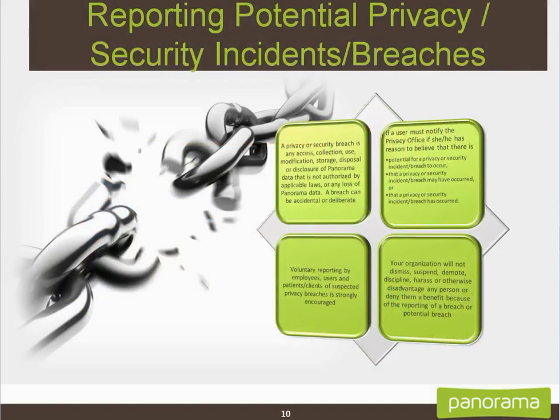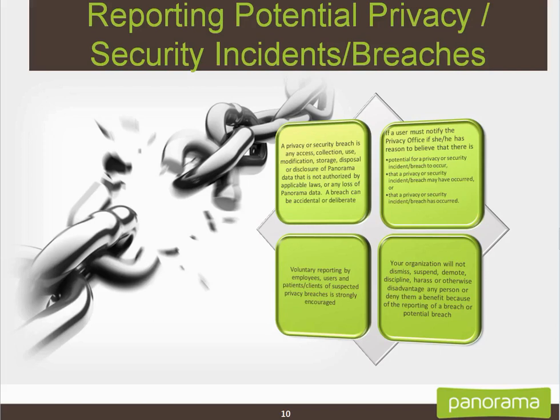Reporting potential privacy breaches is very important. Reporting is important if you have reason to believe that a breach may happen, is happening, or has already happened. A privacy or security breach is any access, collection, use, modification, storage, disposal, or disclosure of Panorama data that is not authorized. A breach can be accidental or deliberate.